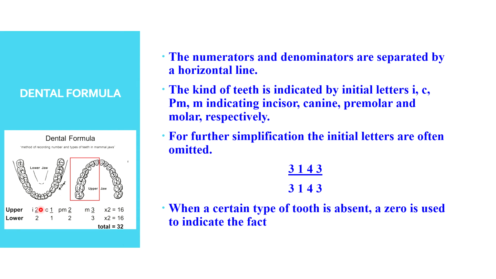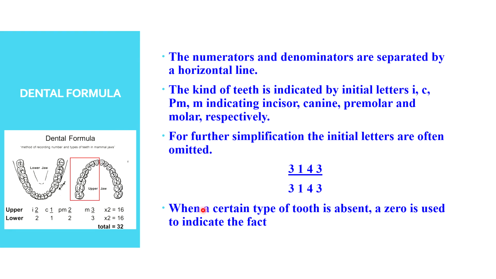And the numerator into 2, that means we must consider the other half also. So together into 2 we get 16, and the denominator is also multiplied with 2, and again we get 16, and 16 plus 16, the total number of dentition or the teeth in human, that is 32.